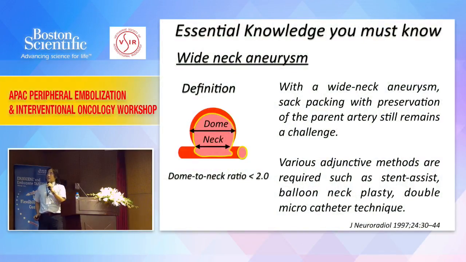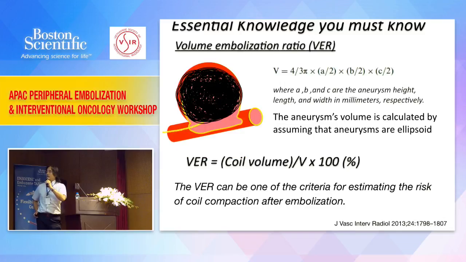And I'll talk about the essential knowledge you must know. What is a wide neck aneurysm? The definition is a dome to neck ratio of less than 2. And also you must know the packing density, the volume embolization ratio.